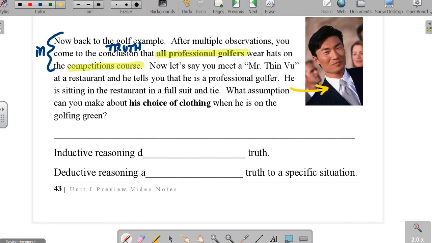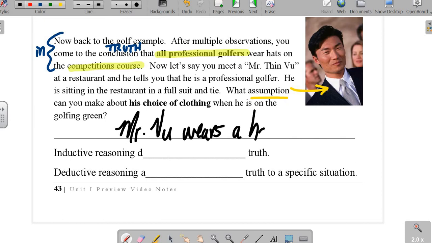You ask yourself, what assumption can you make of his choice of clothing when he is on the golfing green? What conclusion? And the conclusion is, Mr. Vu wears a hat while golfing.